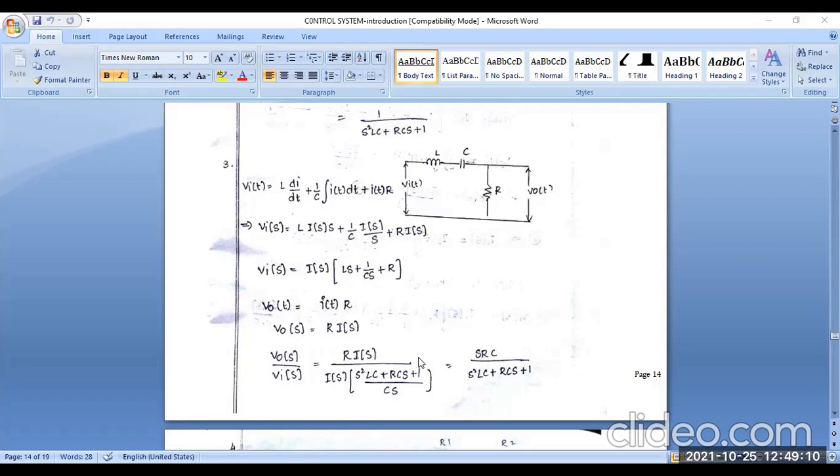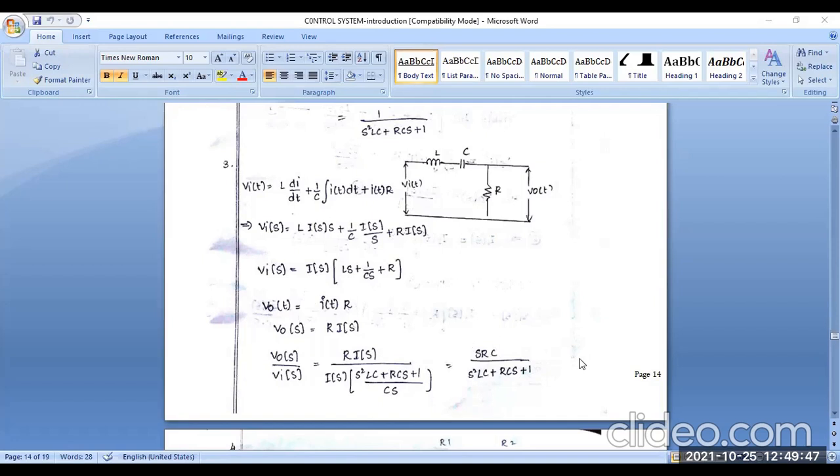So you can easily apply the rule, that is gain, the transfer function, is equal to output by input, that is V output(s) by V input(s). We input the values here, that is R I(s) divided by this one, and you calculate it here, and finally the result is coming, this I(s) and I(s) cancel, that is RCs, okay, RCs or sRC, by s squared LC plus RCs plus 1.